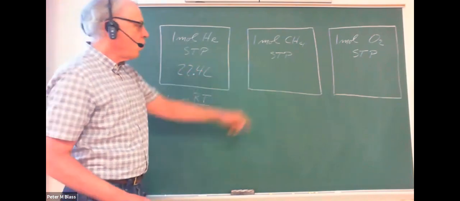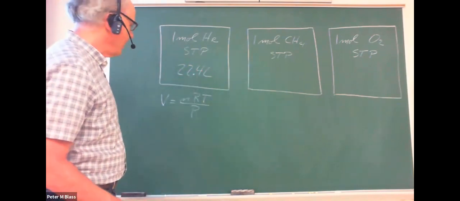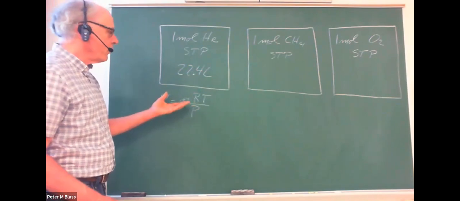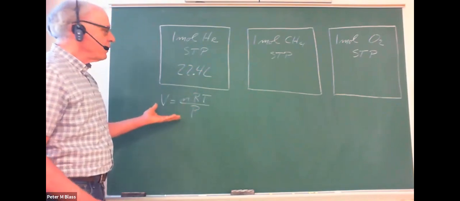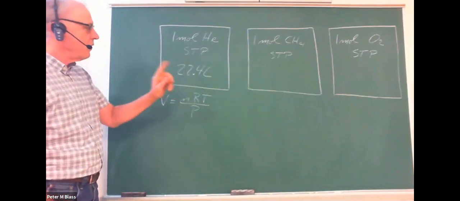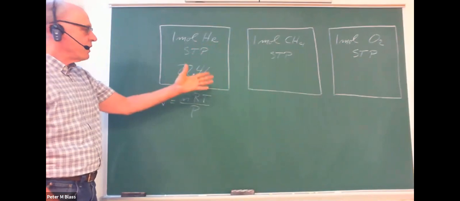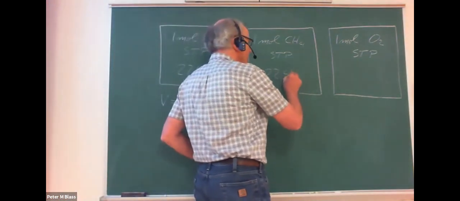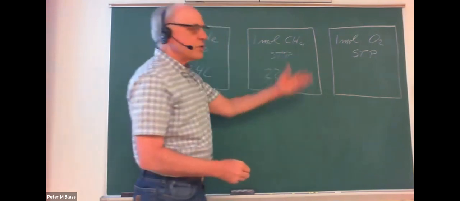Now here I have a mole of methane at STP, and my point is, and we made this point before also, the ideal gas equation doesn't care that that's methane and that's helium. It's still a mole of an ideal gas at STP takes 22.4 liters. And of course, the same for oxygen.